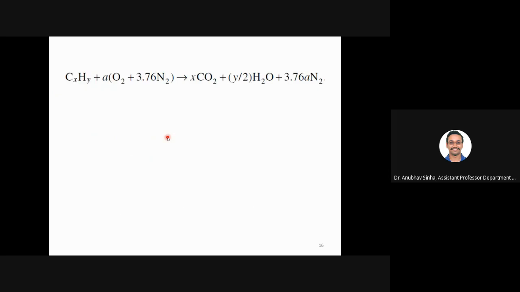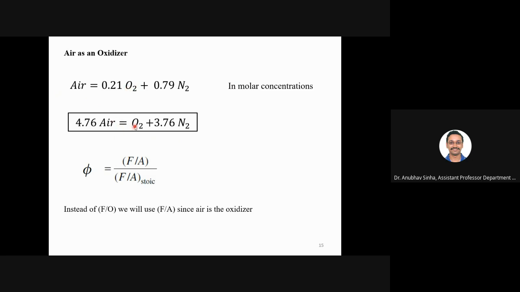Let us take an example. Let's say I am burning a hydrocarbon in air. What is the composition of air? O2 plus 3.76 N2. Where is it coming from? From the last slide.